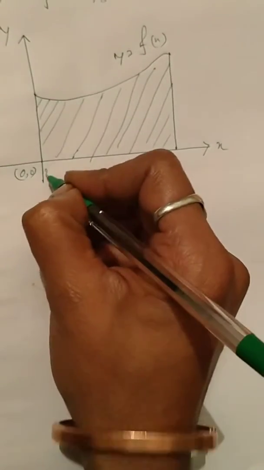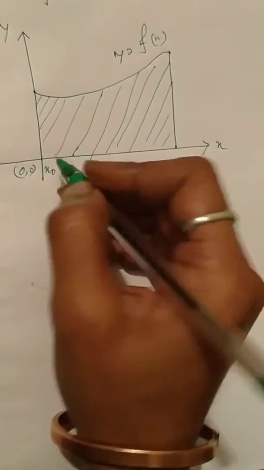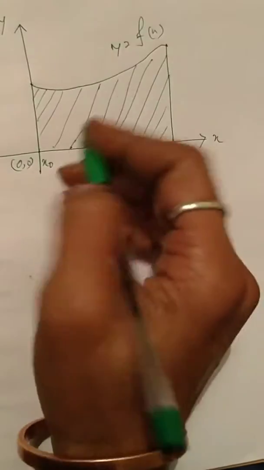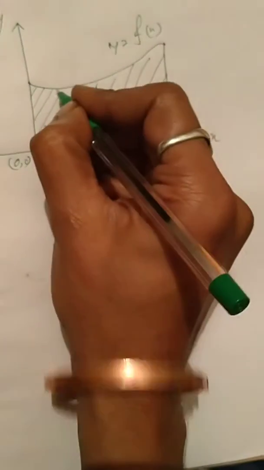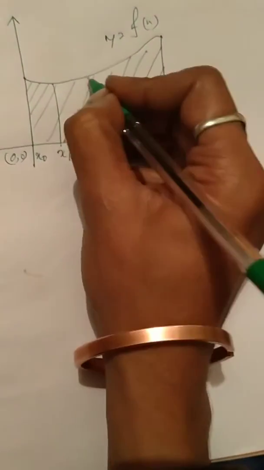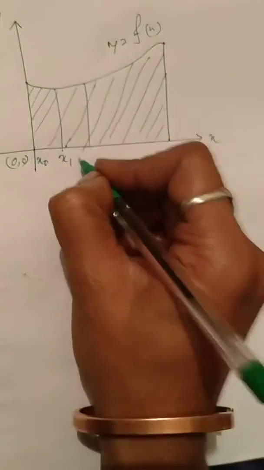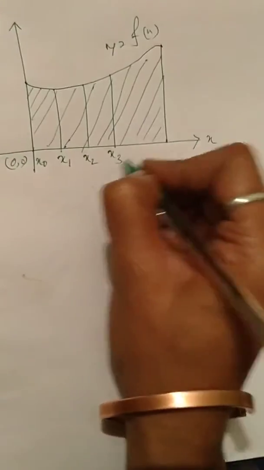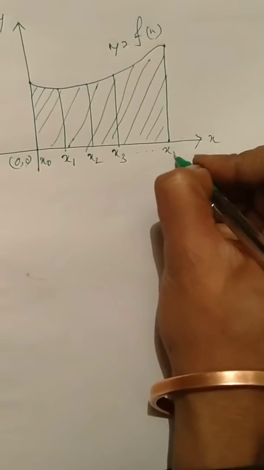We just consider this is x0. Now what we have to do, we have to divide this space into equal intervals. That means this is x0, then next part this is x1, then next part this is x2, then x3, dot dot dot, up to xn.